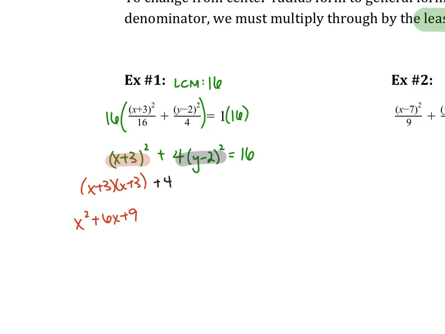I want to simplify my quantity first, and then I'll distribute the 4 through. Again, it's going to be y minus 2 times y minus 2. And then over here we have equals 16. Plus 4 times y squared minus 4y plus 4. And that's all going to equal 16.